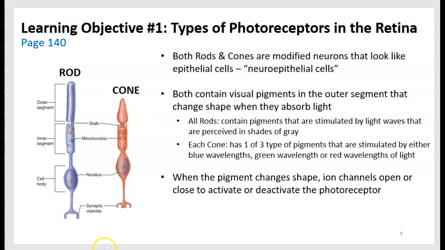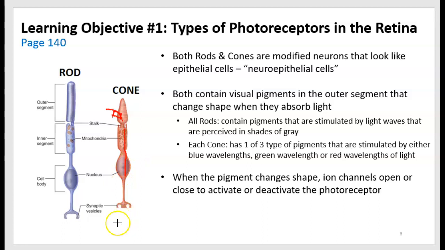So when the pigment does absorb the light wave, it changes shape, and then ion channels open up. Ion channels embedded in the cell membrane open up. They might close, but we'll say they open up, and ions come in, and that triggers something to happen inside the cell.